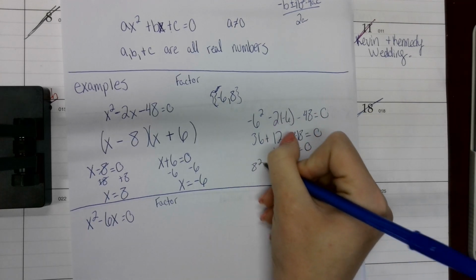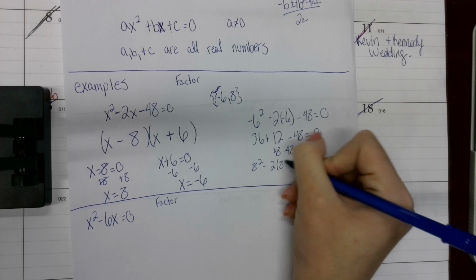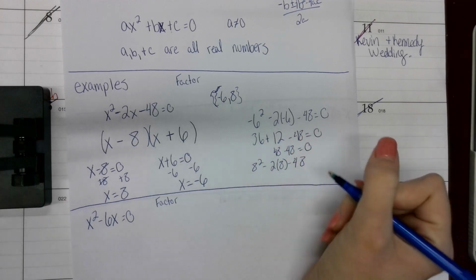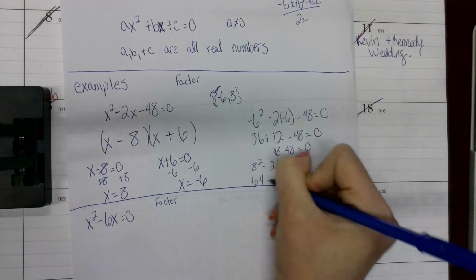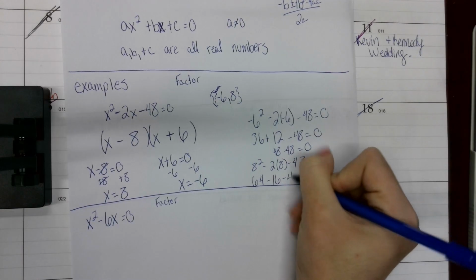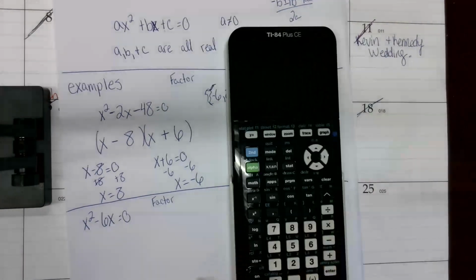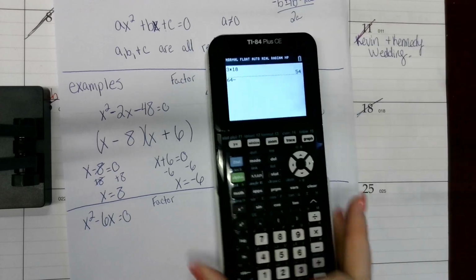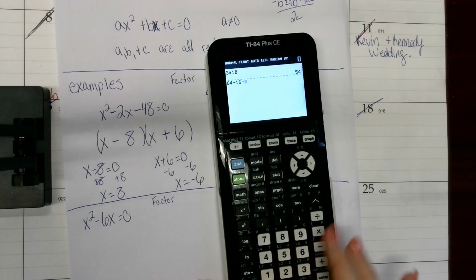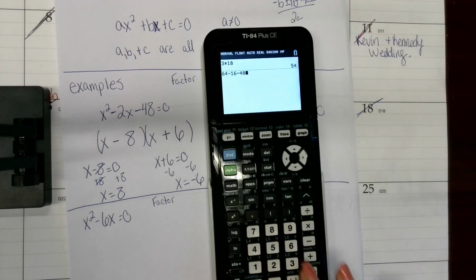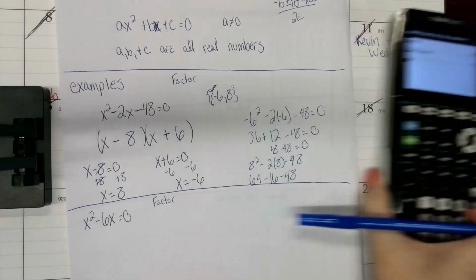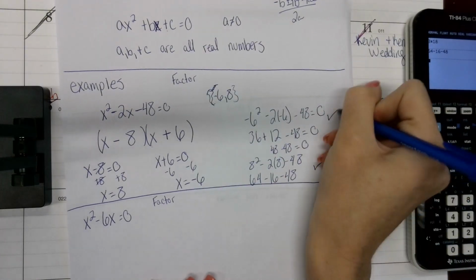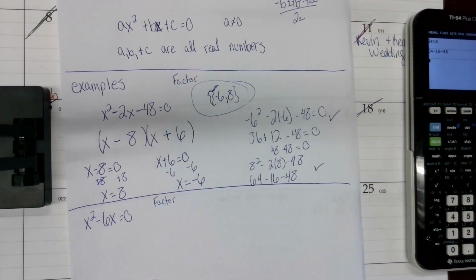Then we have 8 squared subtract 2 times 8 subtract 48. So I'd have 64 subtract 16 subtract 48. Calculator. 64 subtract 16 subtract 48. 0. So they are both answers, so this is our solution set.